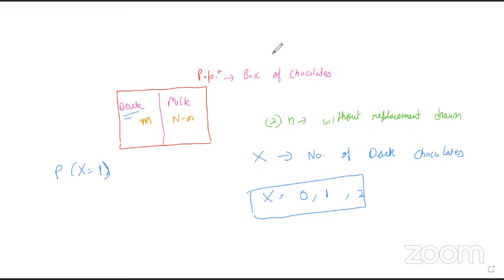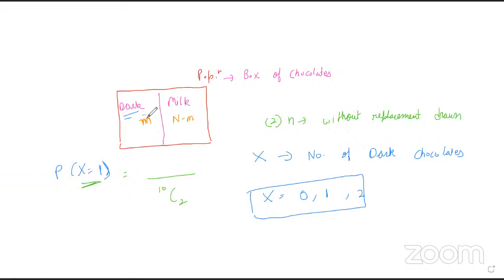So in general, out of a total of 10, we are drawing 2 chocolates. Out of my complete population of 10 chocolates, I am drawing 2, right? So in total, there are 10C2 ways to draw 2 chocolates, right? Now, one condition is that there should be 1 dark chocolate.